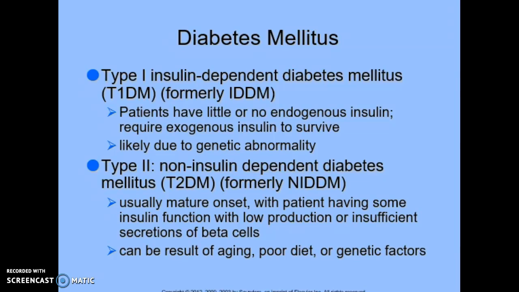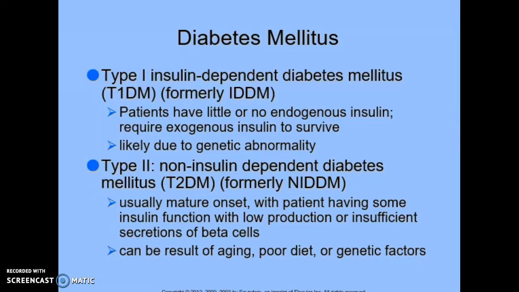That's T1DM, formerly abbreviated IDDM. In this case, patients have little or no endogenous insulin, and they require exogenous insulin to survive. This is likely due to a genetic abnormality.